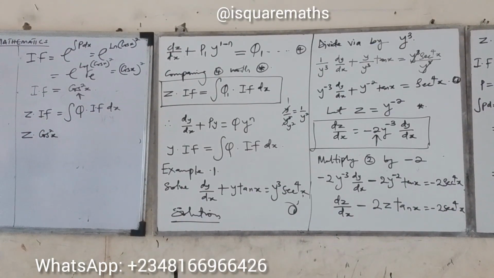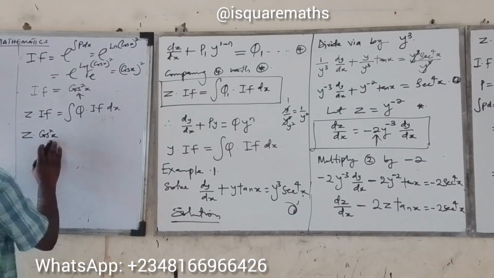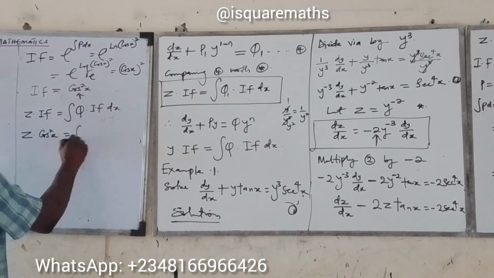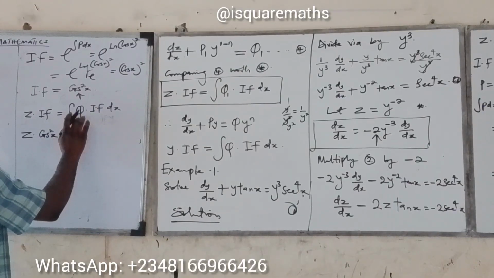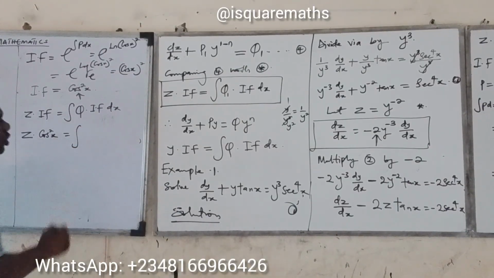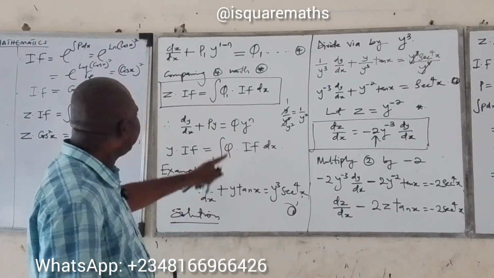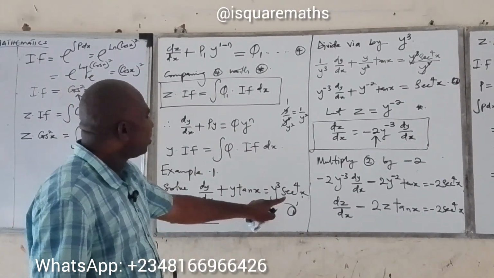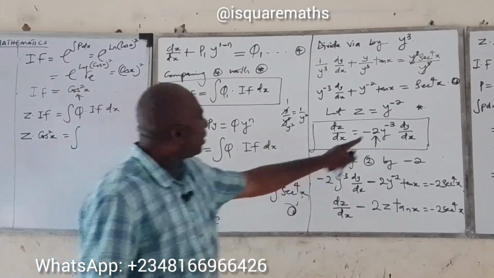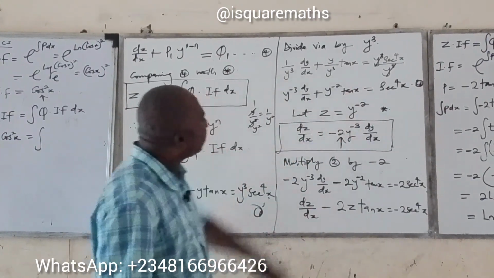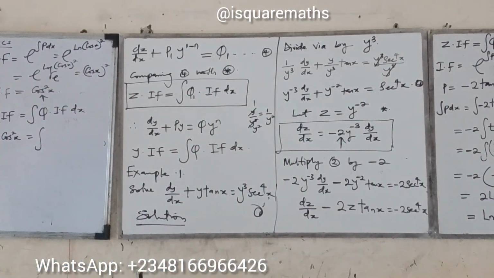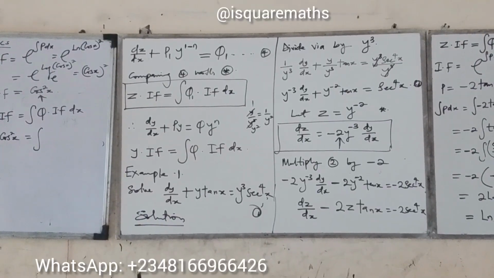So we have z cos squared x equal to the integral of q. Let's look at the value of our q from here.